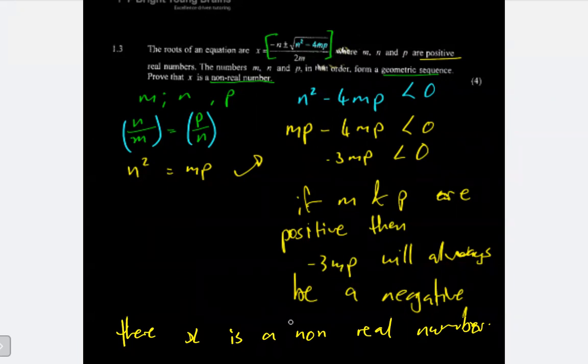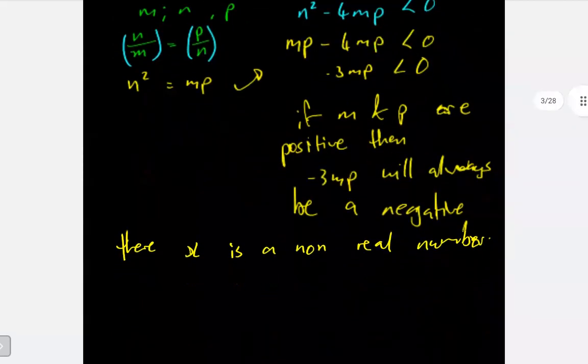Therefore, x is a non-real number, because this is trying to say that this will never happen. Because m and p will always be positive numbers, if you put positive numbers here and multiply them by a negative 3, you're always going to come up with a negative number.